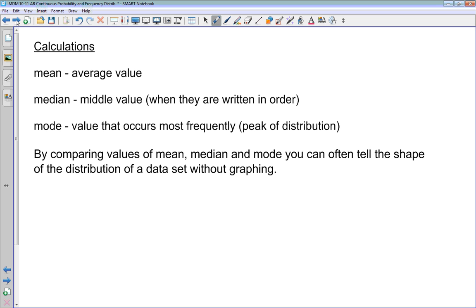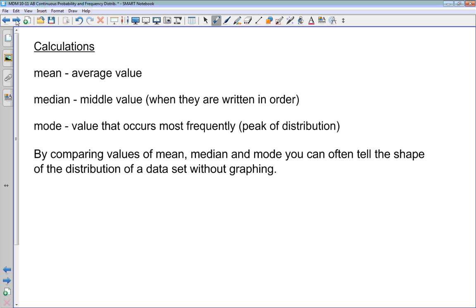The mean is just the average value. Take all your numbers, add them up, divide by the number of numbers. The median is the middle value if they are written in order. So you take your list, you sort them in increasing order, you look for the value in the middle. If you don't have a single value in the middle, you take the average of the two values that are on either side of the middle.